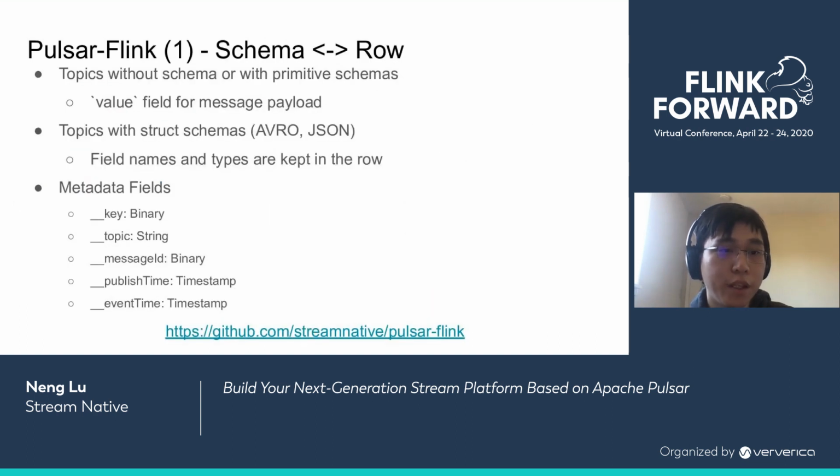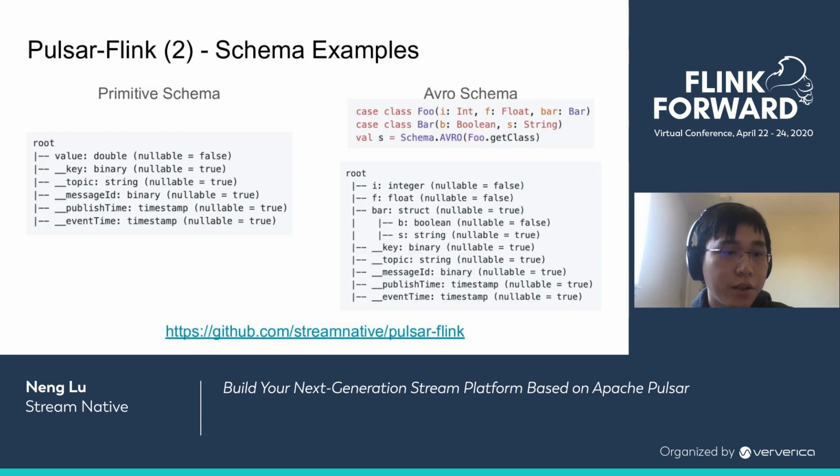So for Pulsar Flink, if the topic doesn't have any schema, then the message payload will be filled directly in the value field. And if the topic has a schema, then it will be kept in a row with metadata information. And I think here are some intuitive examples.